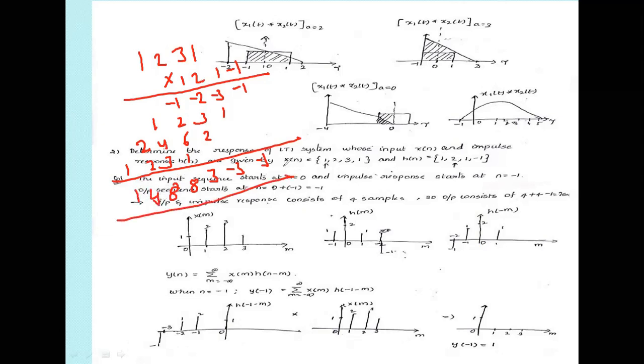So 1, 4. Here the arrow mark is at minus 1. Before the arrow mark is a 0. Keep the arrow mark, the value here, 1, 4, 0, 8. So at n is equal to 0, the value you get, and at n is equal to minus 1, the value is 1. See, y of minus 1 is equal to 1. Okay.